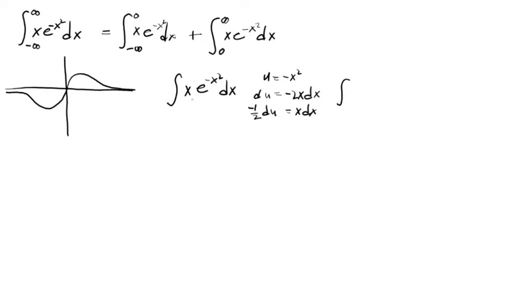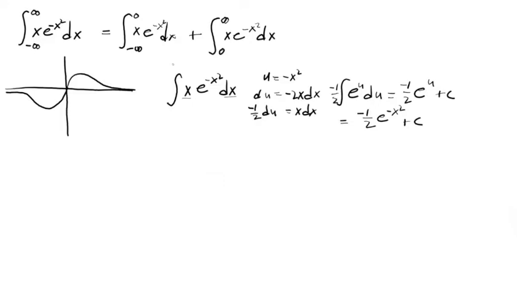I've got x dx right there, so I can put the negative 1/2 in front, and then I just have e to the u du. So this becomes negative 1/2 e to the u plus c, which when I sub back in becomes negative 1/2 e to the negative x squared plus c.